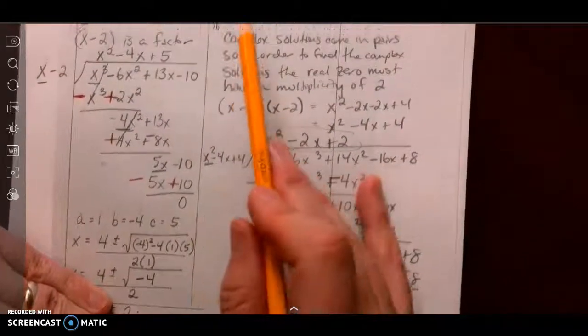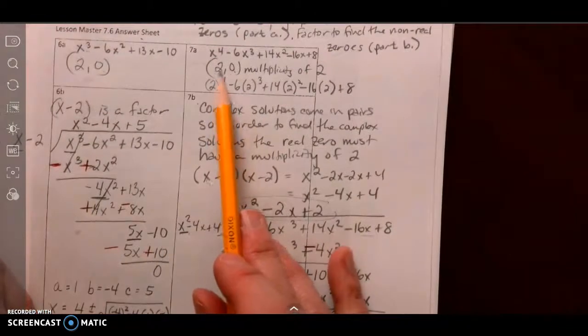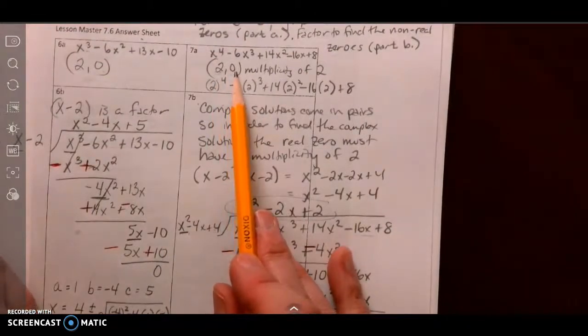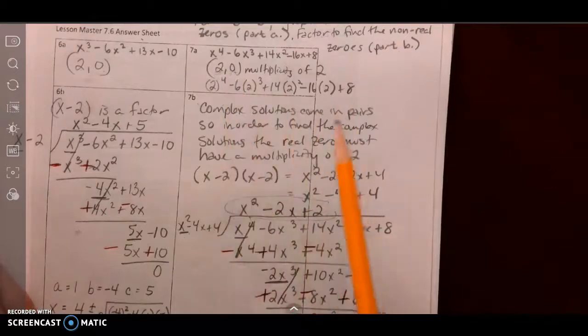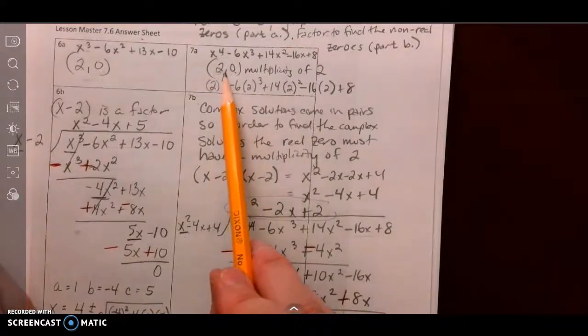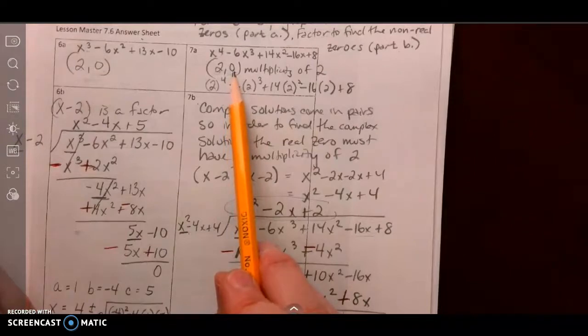And again, remember, this one had to have a multiplicity of 2 because my complex solutions always come in pairs. And I would have only gotten 2 from this and 1 from this. That would have only made 3 solutions, which means this had to occur twice.